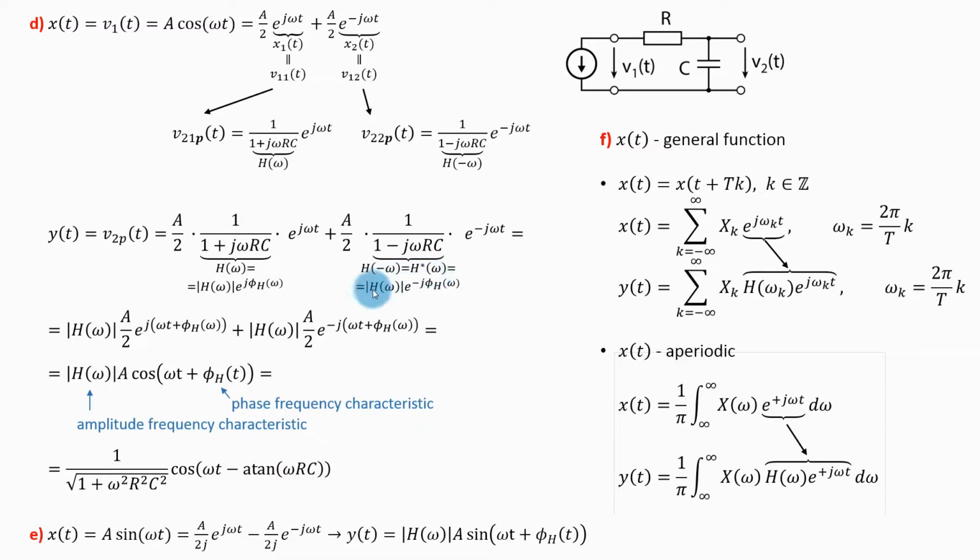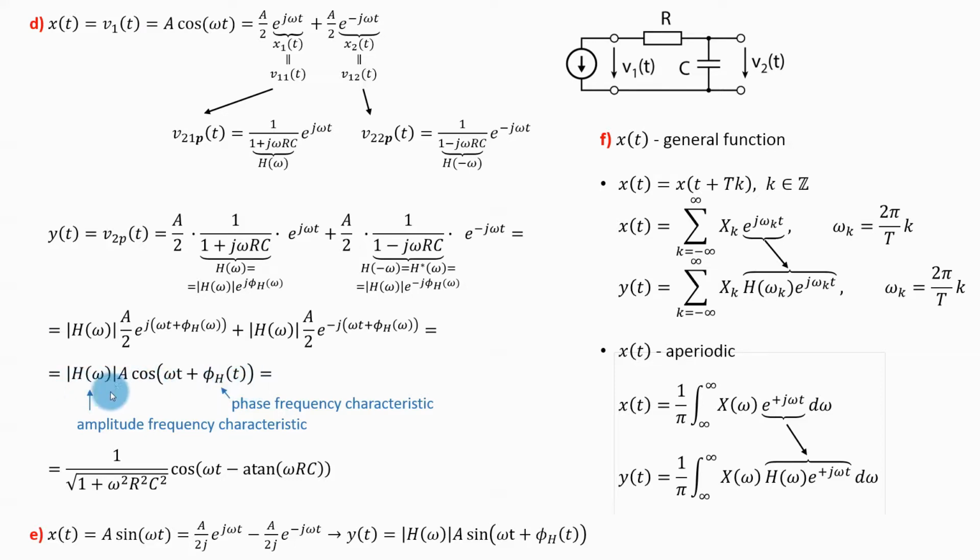This I can write in the polar form like this. Now I can combine these two exponentials and these two exponentials, and I will get this, which when you examine is nothing else but a cosine, except scaled in amplitude and shifted in phase.